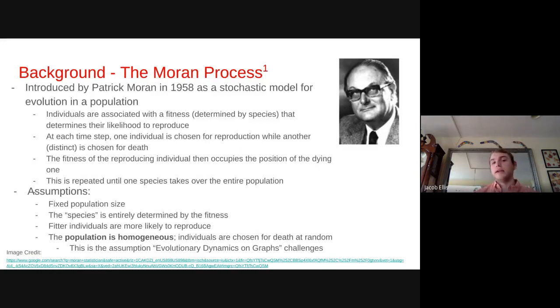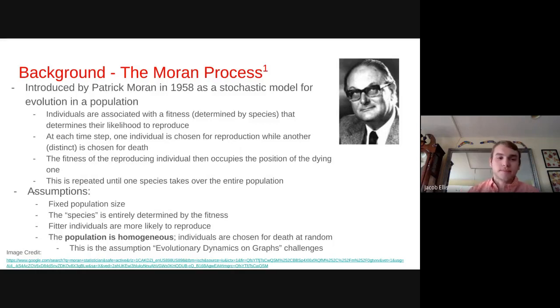The individual which reproduces has their baby occupy the position of the dying one. This is repeated until some species takes over the entire population, and the probability that this occurs in finitely many iterations is 1. This is an interesting and counterintuitive fact: although it is possible for multiple species to coexist forever, in this model it occurs with probability 0.